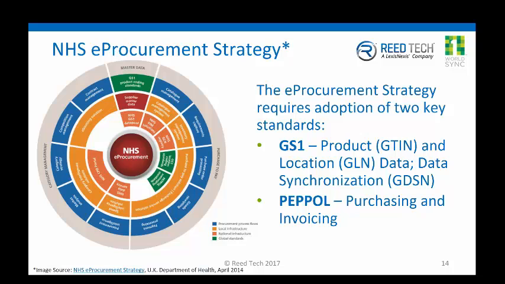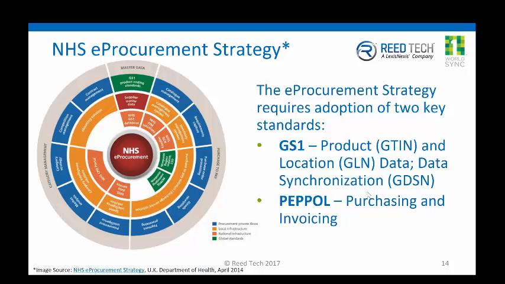From a GDSN perspective, and as Todd mentioned, GS1 is that standards organization that is responsible for this and maintains this, ensures that everyone is sharing a consistent level of quality with their data. So that is the reason why NHS has selected GS1 GDSN as a solution to eProcurement.